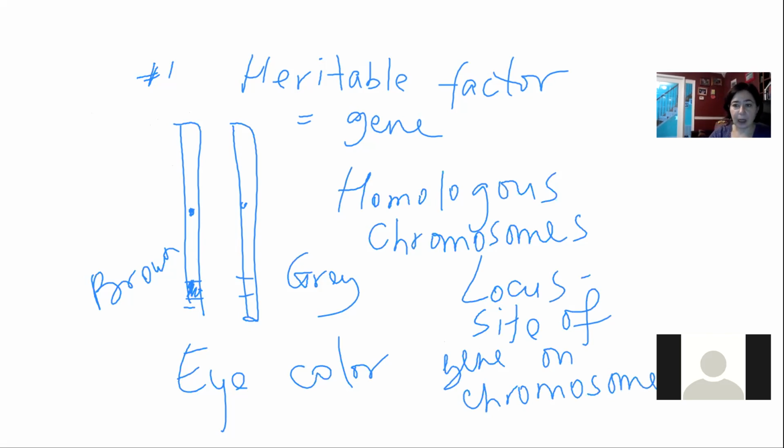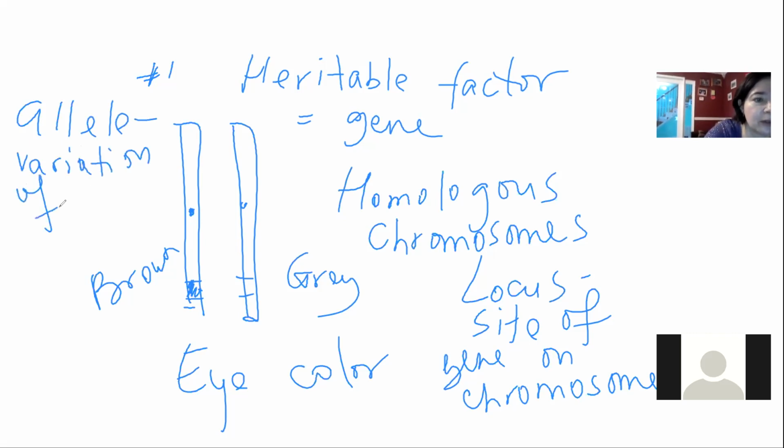Now, genes, one more time, are responsible for a characteristic. A trait is a variation of the characteristic. So a variation of a characteristic or trait is called an allele. So allele is a variation of a trait or gene.